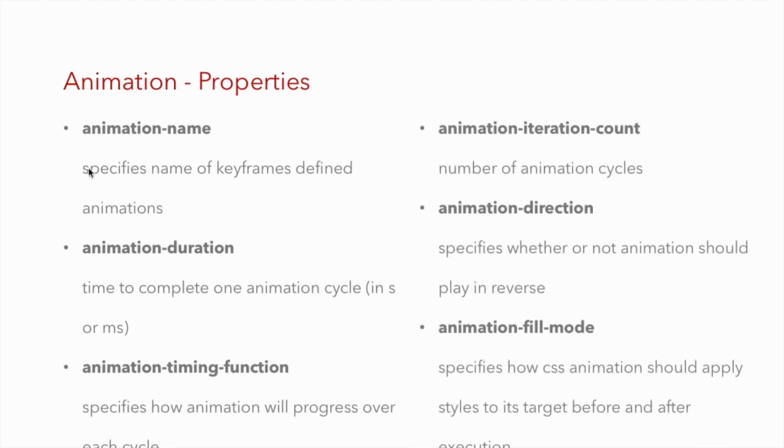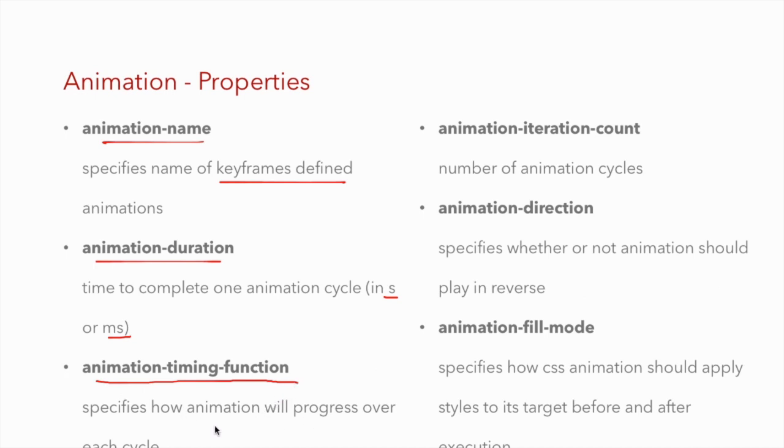So let us break this down. Animation name is basically the keyframes that we define as part of the animations. Animation duration, simple to understand, is the duration of the animation in seconds or milliseconds. Then we have the animation timing function, similar to the transition timing function that we have seen earlier.